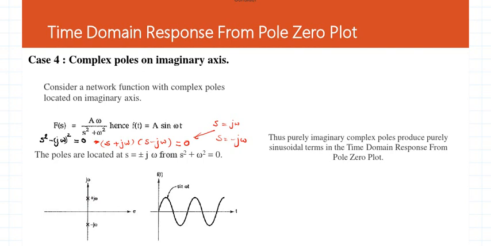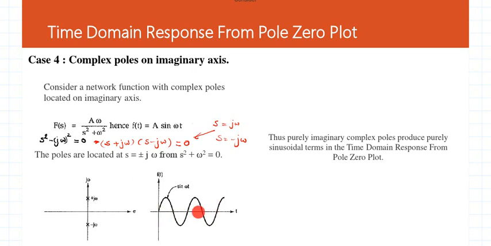So what is the effect on the time domain response when we have two poles on the imaginary axis? When we find the inverse Laplace transform of such a system, we get a sine term. Two poles on the imaginary axis correspond to a sine waveform, right?